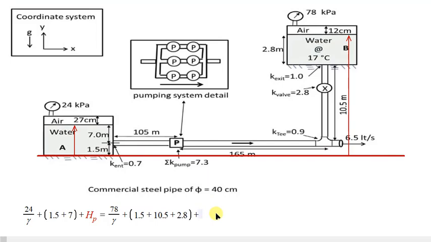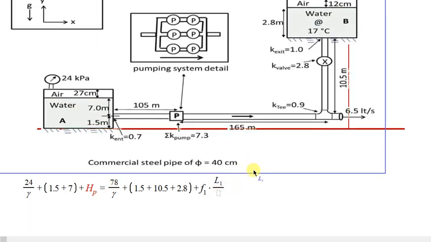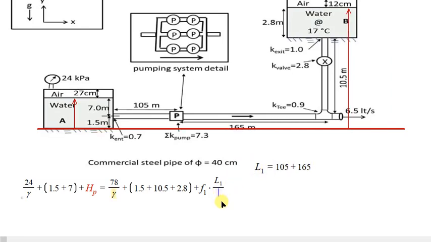So what I can say is that F1 multiplied by L1, and directly because we are writing everything, L1 how much is it, 105 plus 165, to make sure what length 1 I mean, because there is nothing specified. Diameter 1 multiplied by velocity 1 squared over 2g plus.